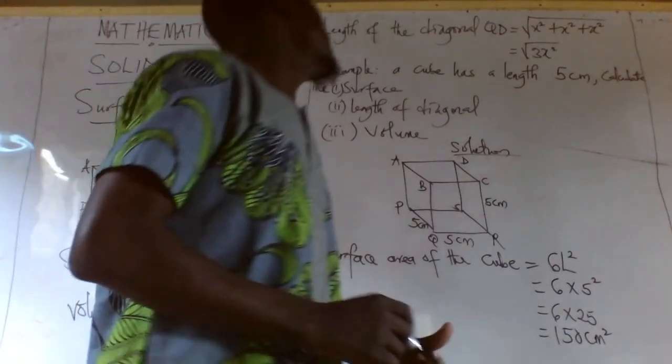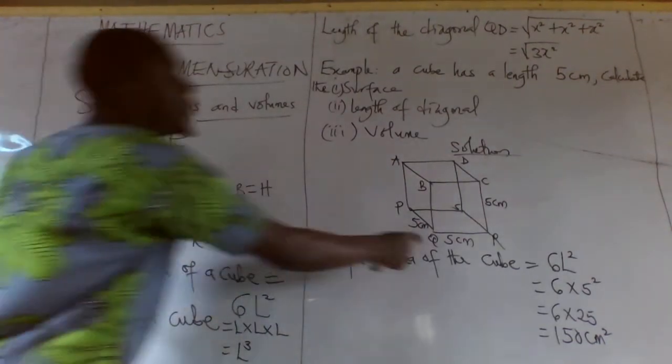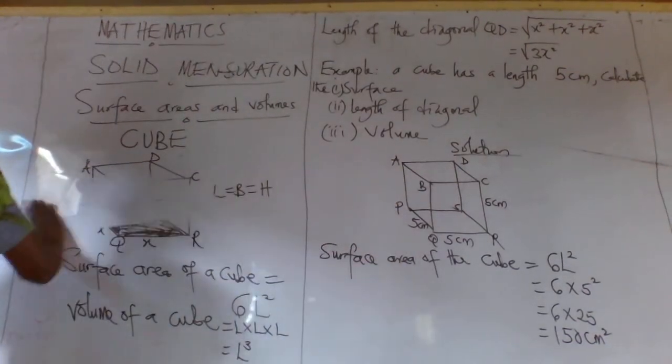Okay, now the next thing is the length of the diagonal QD.